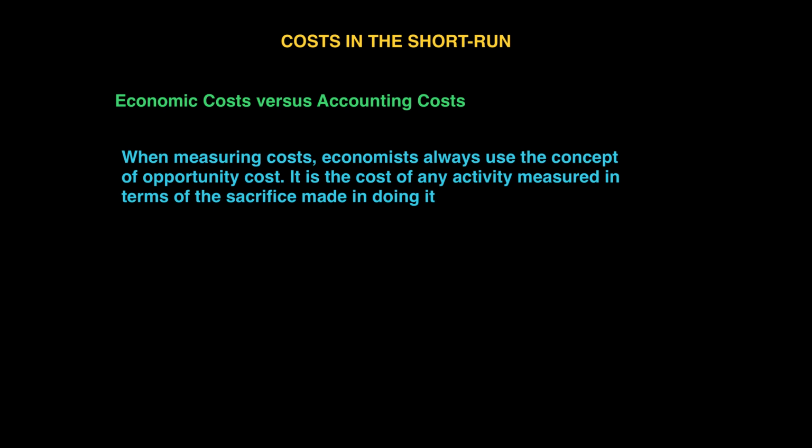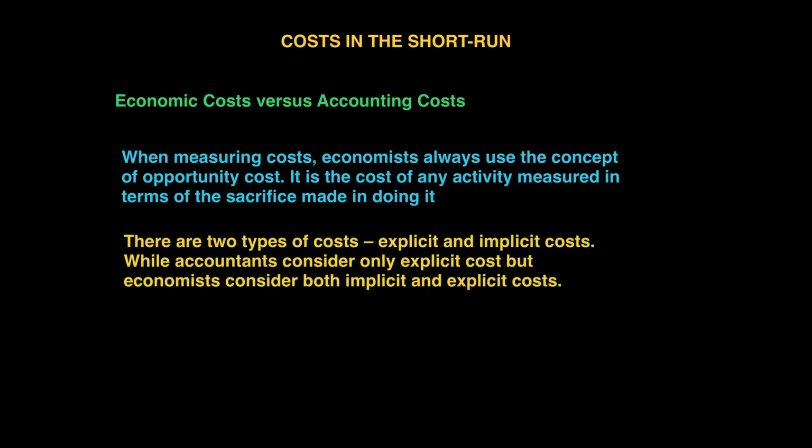So when we look at opportunity cost, it's a cost that we consider in economics, but that's the cost which accountants may not consider. And that's why we have a distinction between what we call explicit cost versus implicit cost. Explicit cost includes only those costs which are considered by accountants, but implicit cost is those costs that also consider what we call opportunity cost.